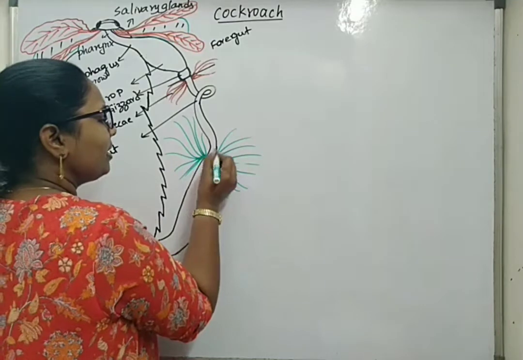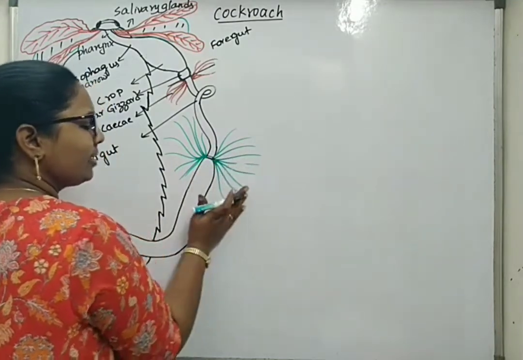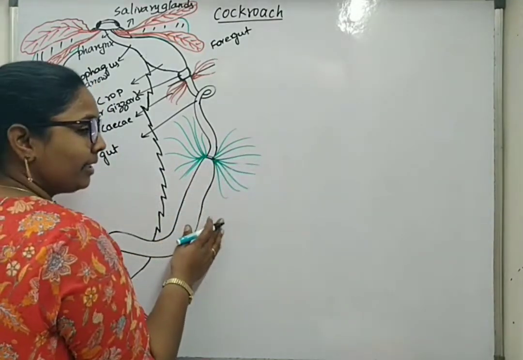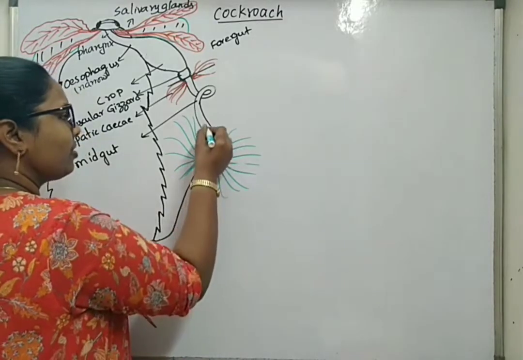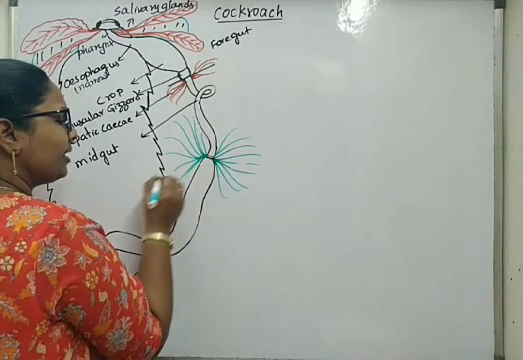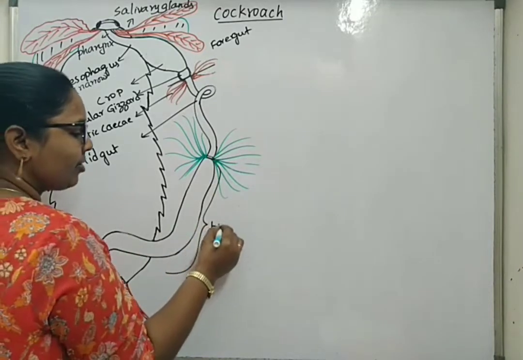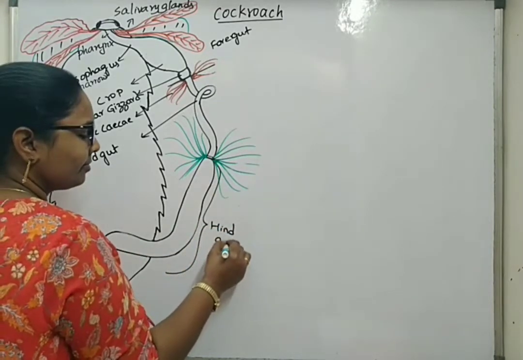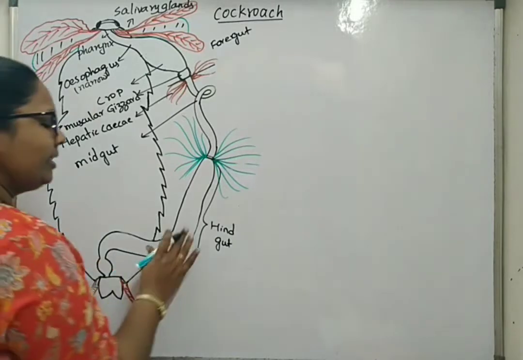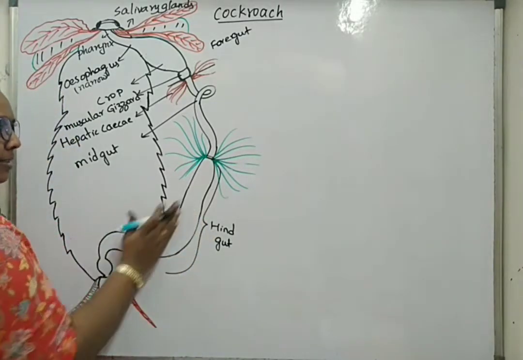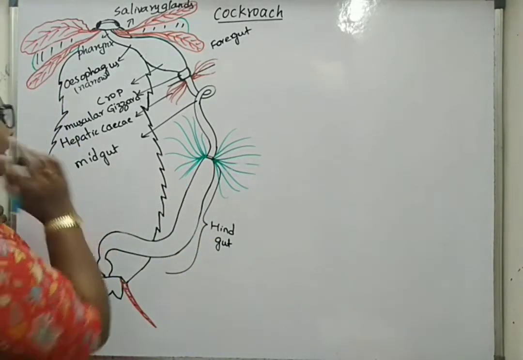Up to here, before these wavy green structures which are called Malpighian tubules, this is called the midgut. Starting from the Malpighian tubules, this structure is broad and is called the hindgut. It is again later divided into three parts, ileum, colon and rectum, that we will see later.